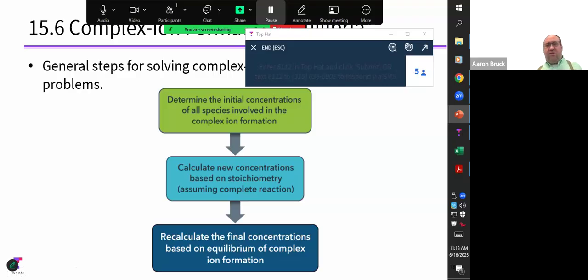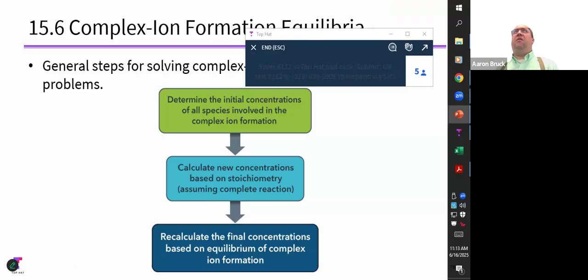Now, when it comes to doing calculations involving complex equilibria, we're not going to spend a ton of time on this because the level of application for it is relatively low. What I can tell you is that there are two components to it. One of them is the equilibrium itself. One of them is stoichiometry.